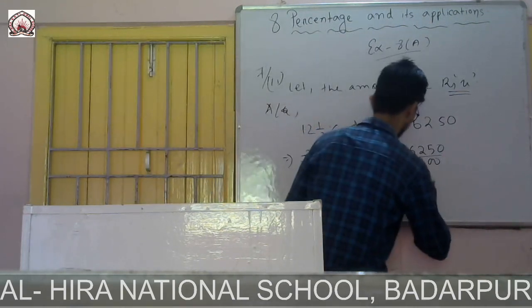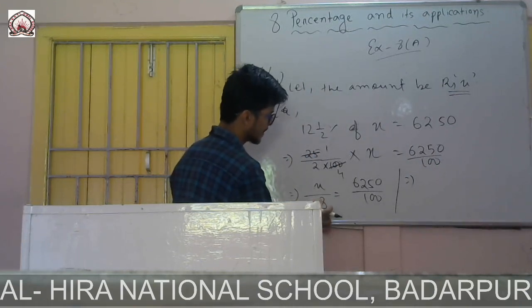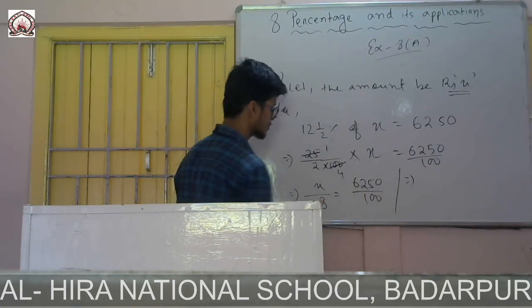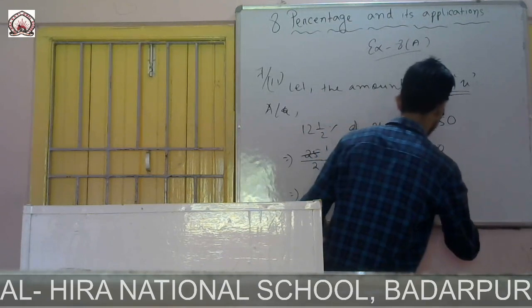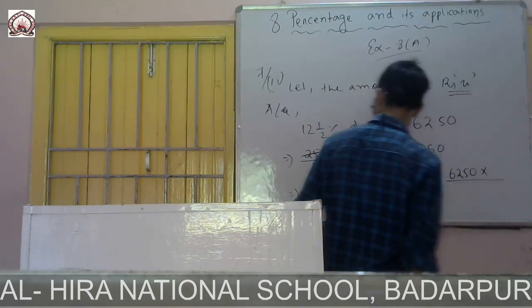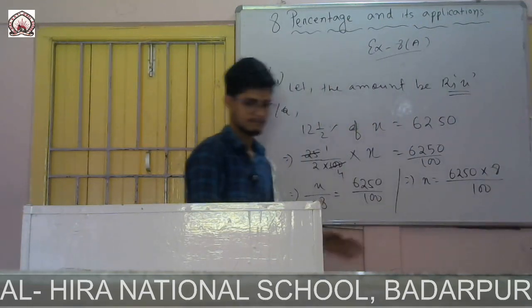Now I will solve this one. If I move this denominator 8 to the numerator of the other side, X will be equal to 6250 into 8 divided by 100.